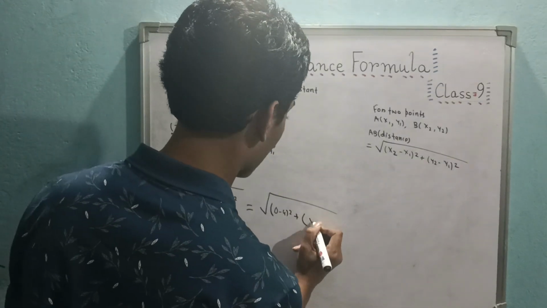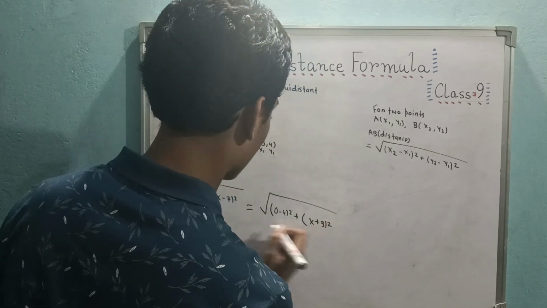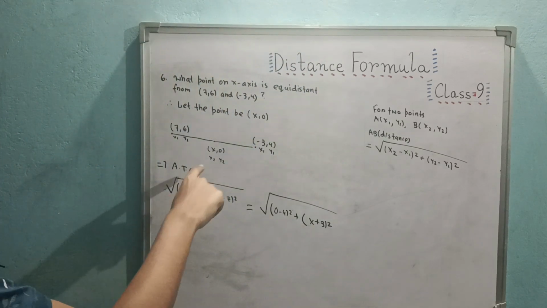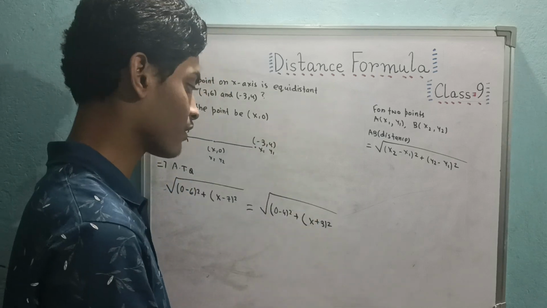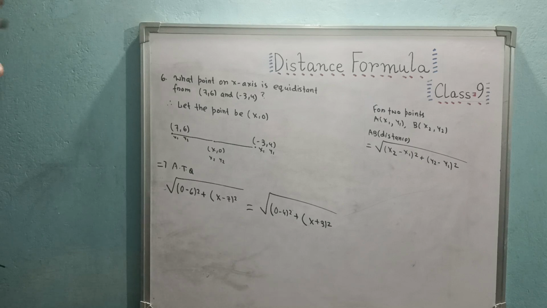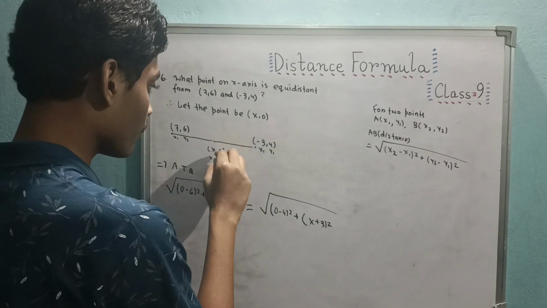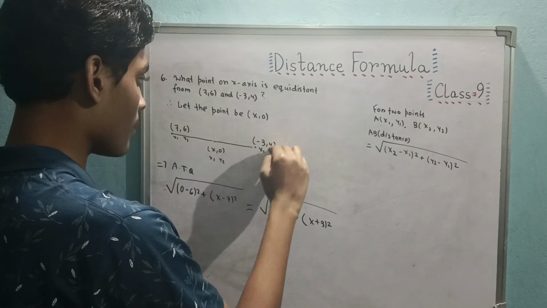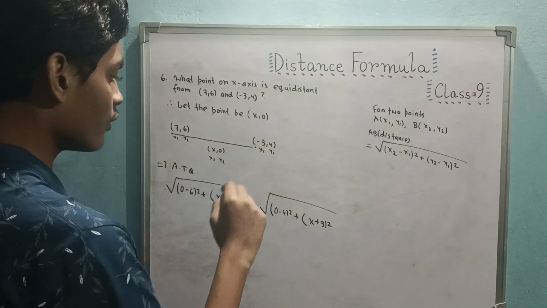That means x minus of minus 3, it will be plus 3 if you can see. x2 minus x1, that means x plus 3 whole square. So that is the required relation, right? See, this distance and this distance is the same. In other words, from this point up to this point and from this point up to this point, it is the same. Therefore, if we calculate these two distances, it will be the same.